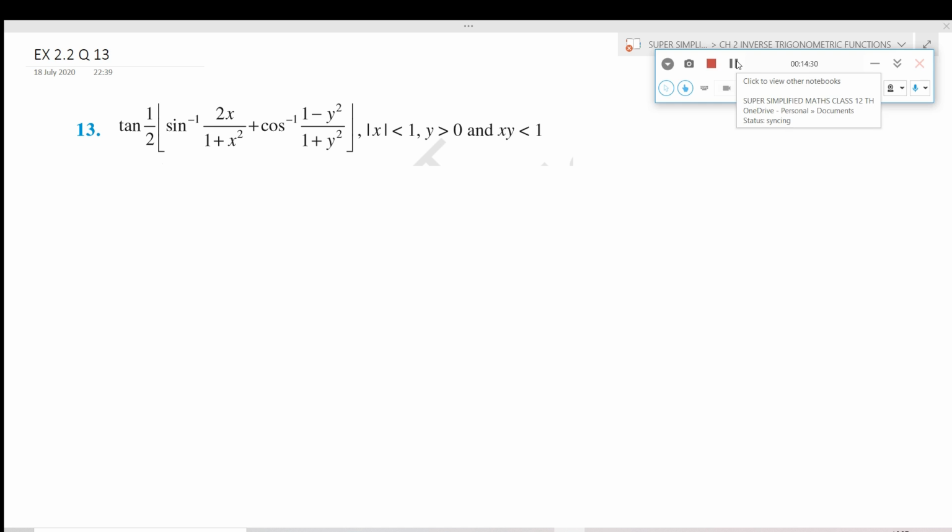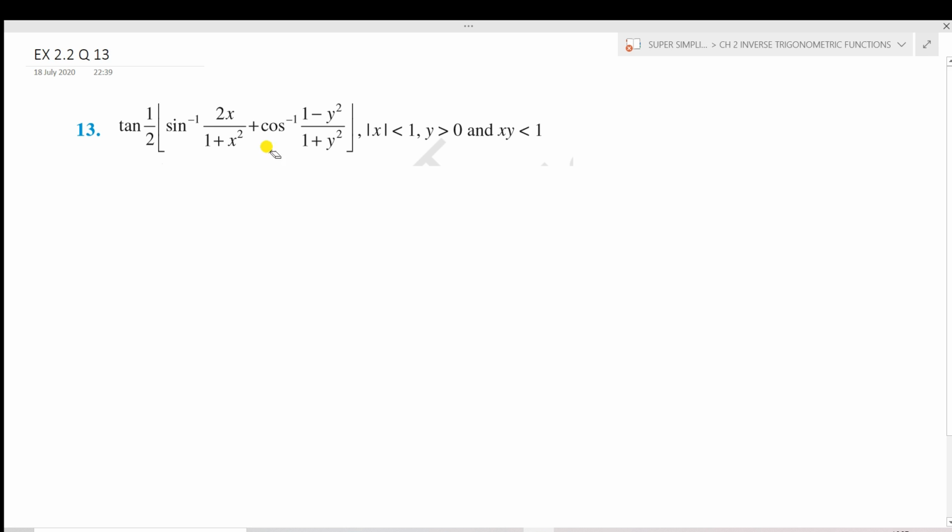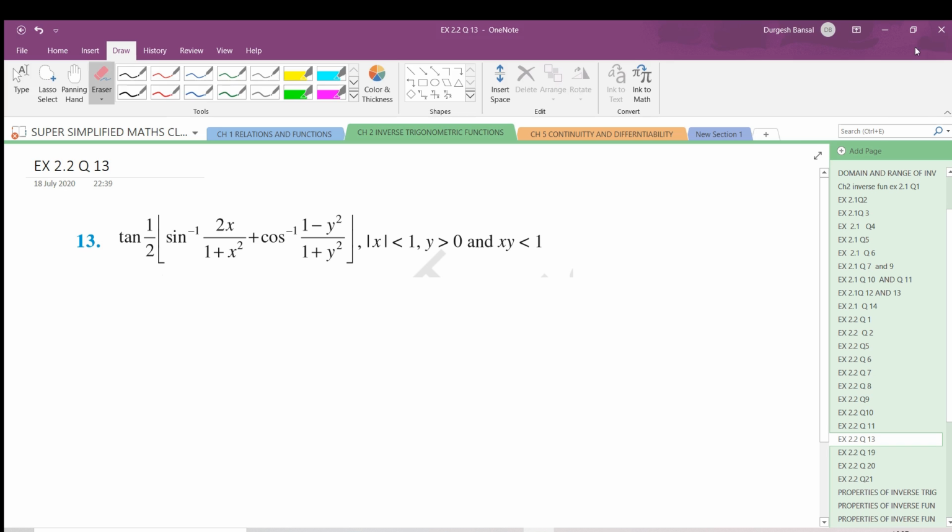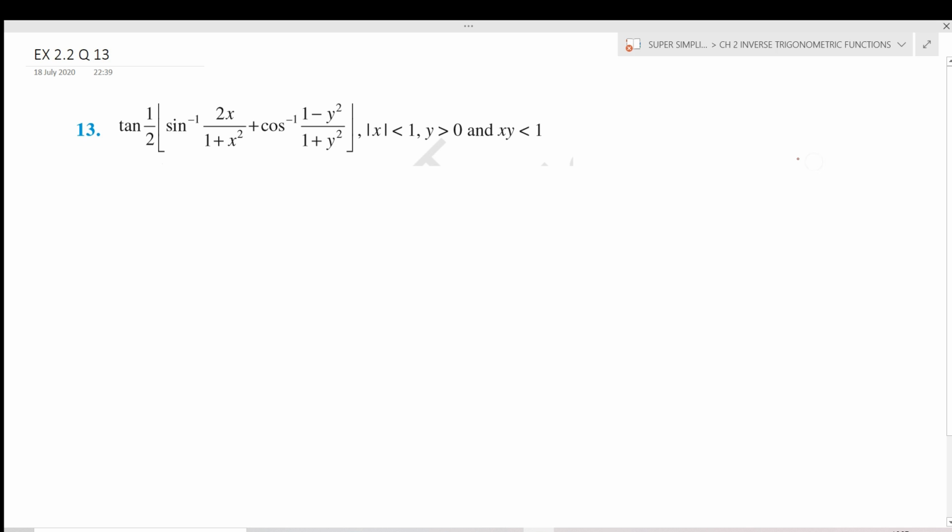So here again I have to substitute in place of these expressions so that I get some simplified expression. So I substitute x to be tan theta and y to be tan phi.